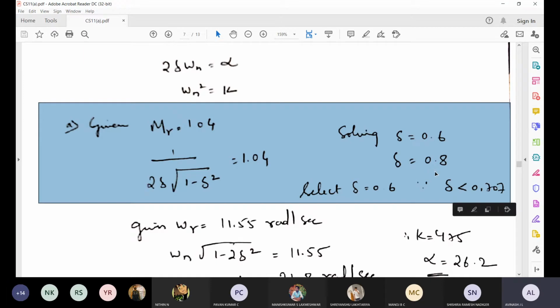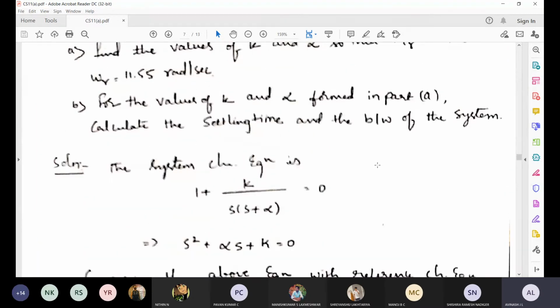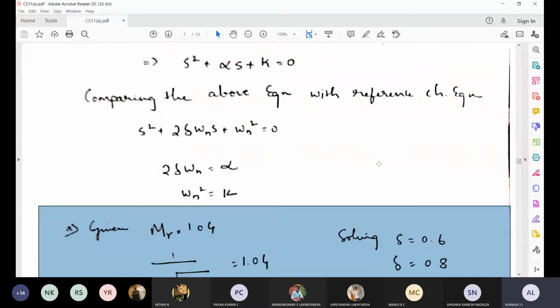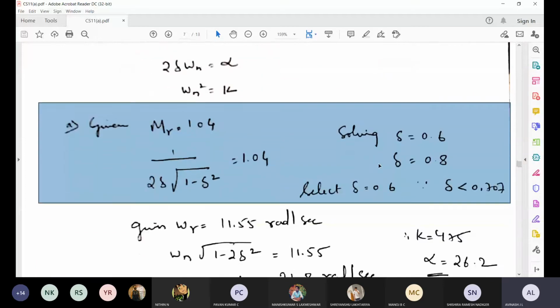Now the question comes, which value do we need to select? Here delta should be less than 0.707 because it is an underdamped system only that we are going to consider. Whatever comes above 0.707, we are not going to consider.